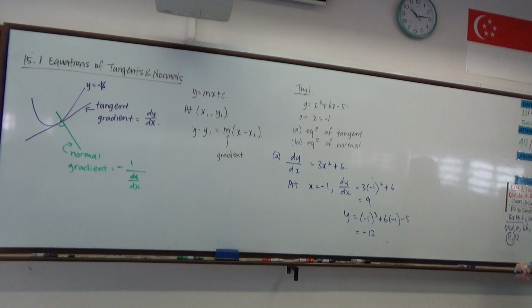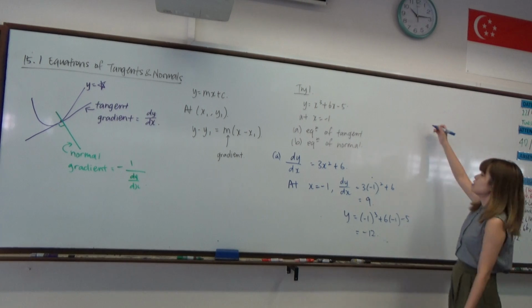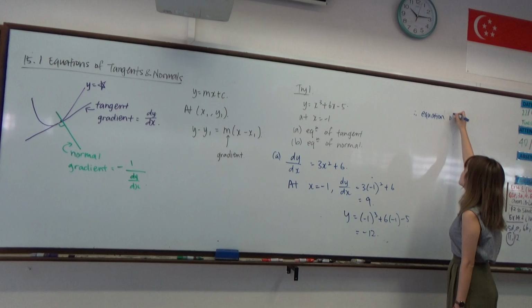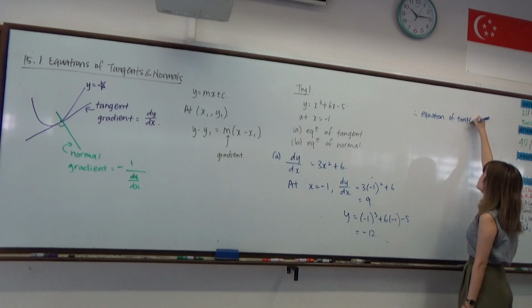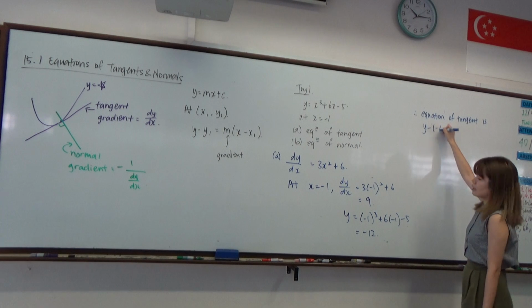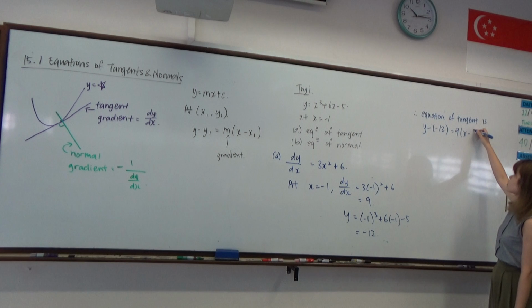So now that I have the coordinates of the point and also the gradient, I can form my equation. So therefore, equation of the tangent: y minus y1 equals to gradient times x minus x1.